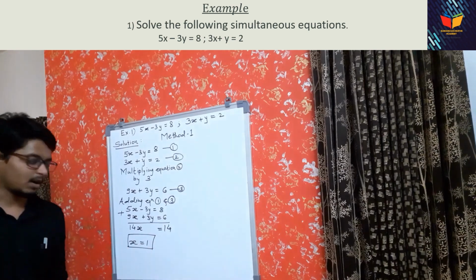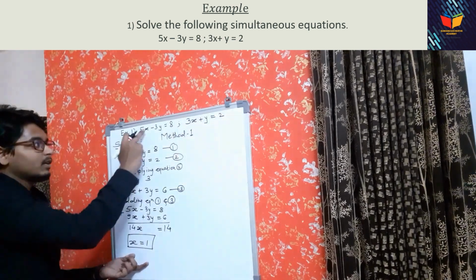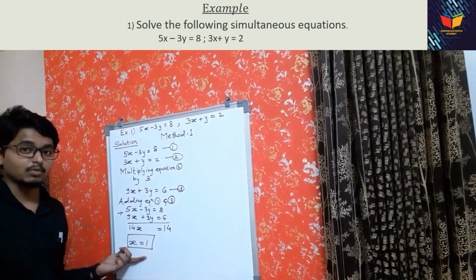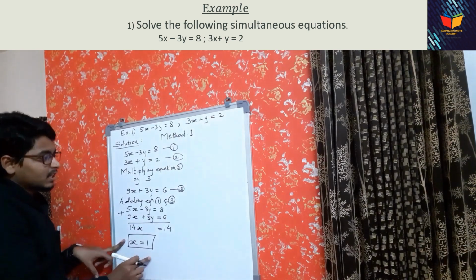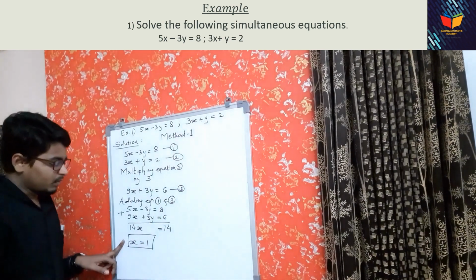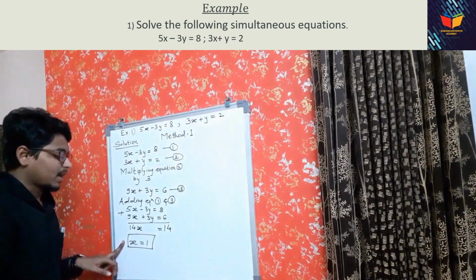Now we have found the first value of a variable, that is x. Now we have to find the value of y. So substituting this value of x in equation number 2, we can find the value of y.